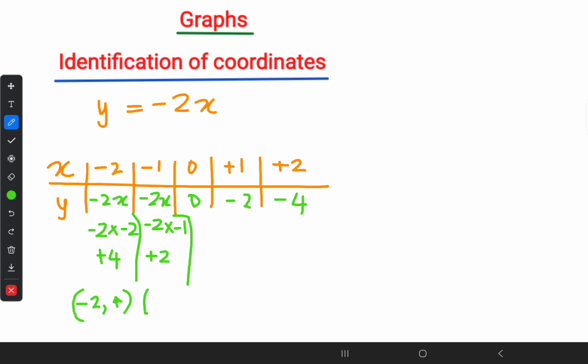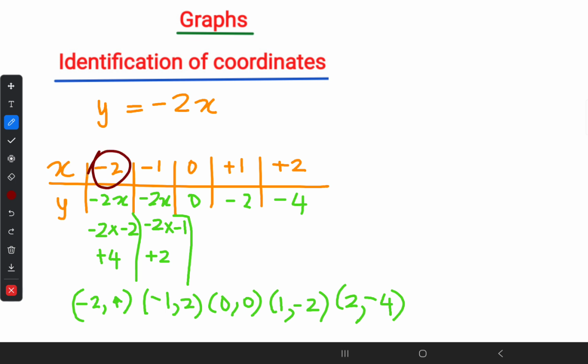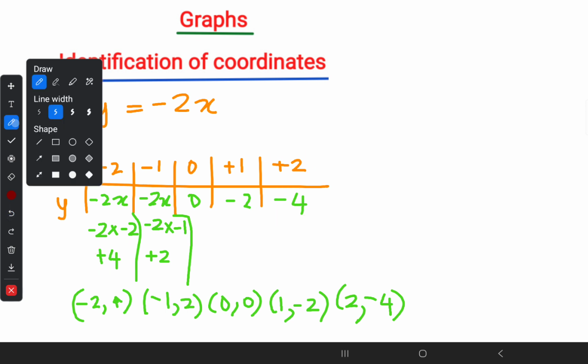It's not compulsory to indicate the positive direction. -2 and 2, 0, 0, and 1, -2, and thereafter 2, -4. Now let's plan our axes. In the x-axis, the minimum value we need was -2, maximum value is +2. In the y-axis, minimum value -4, maximum value +4. Okay, the planning is over.